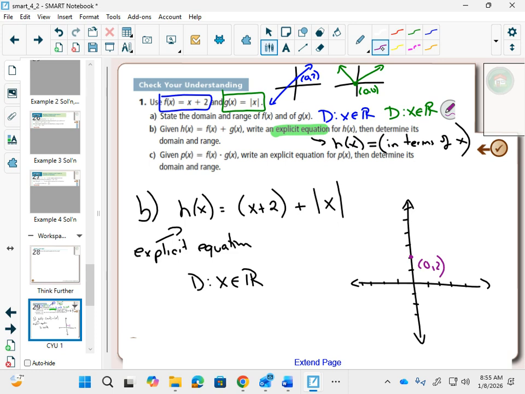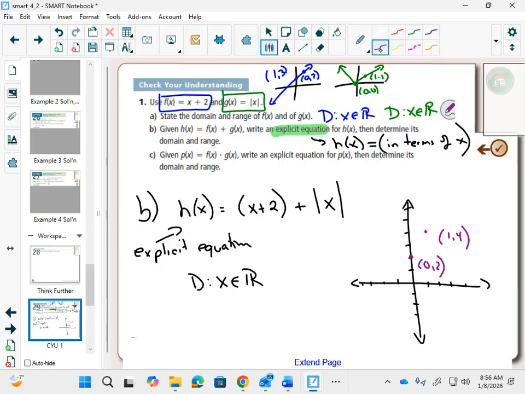And if I kept doing this, I have (1, 3). I have (1, 1). If I add my y values, I have (1, 4).